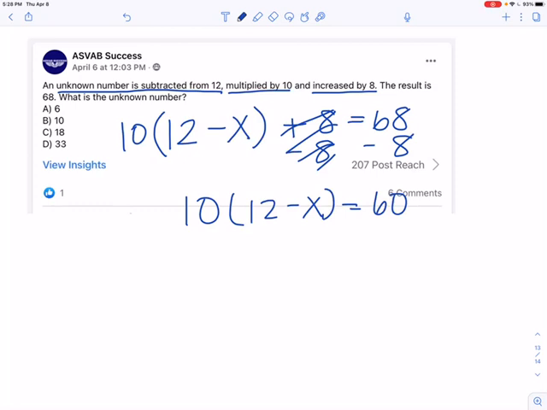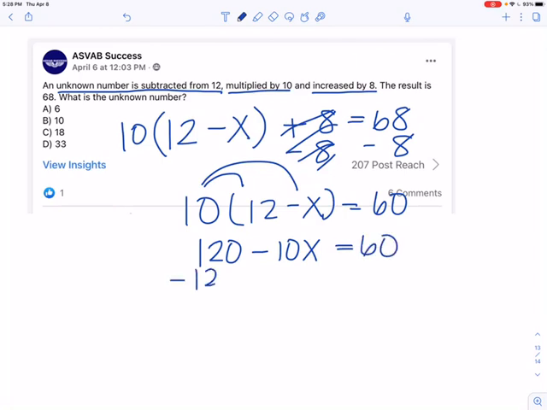Now, this 10 is multiplied here, so I'm going to distribute it. 10 times 12, 120, minus 10x, equals 60.